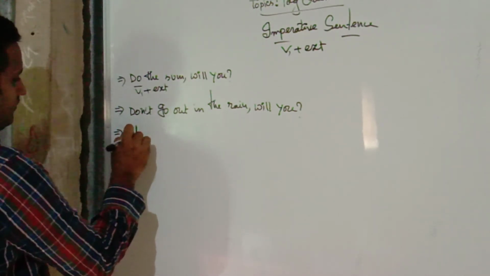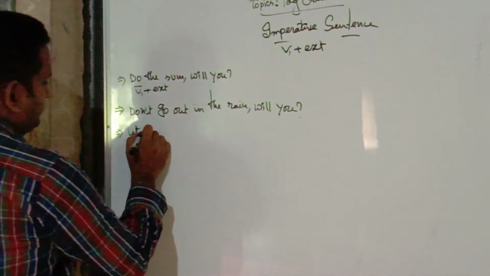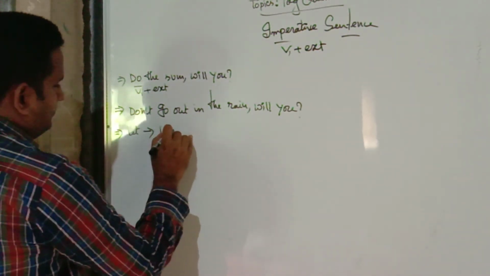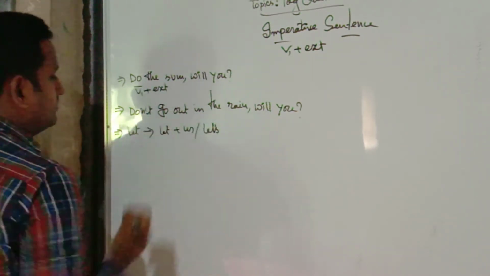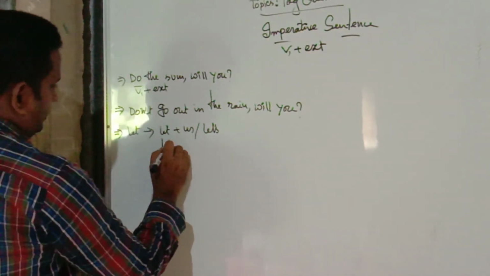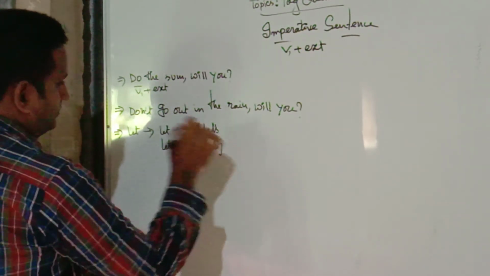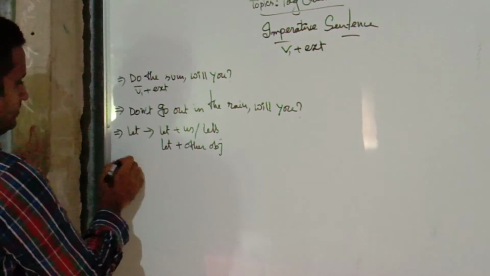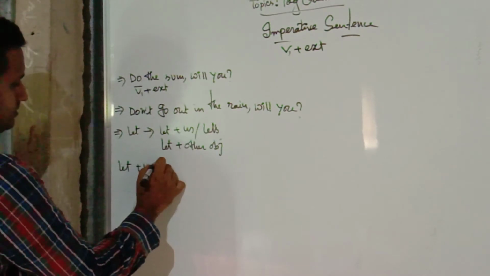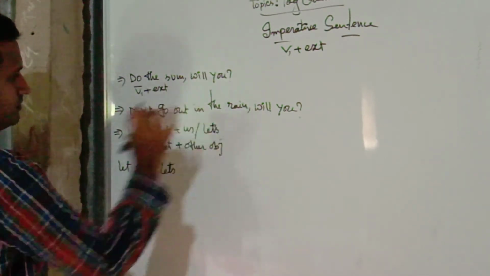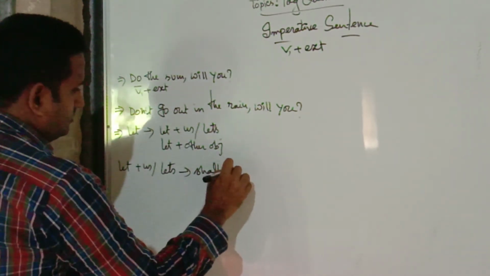And in the section of imperative sentence, here is another problem. That means the rules of let. Let has especially two rules. That means let plus us or let's, and second one is let plus other object. So let plus us or let's, and the tag question will be shall we.